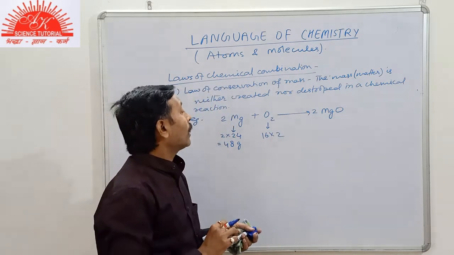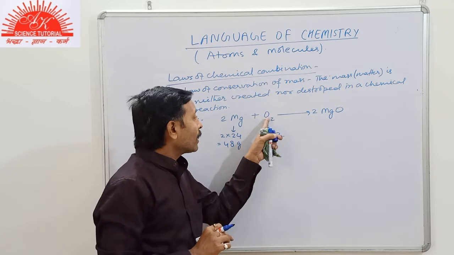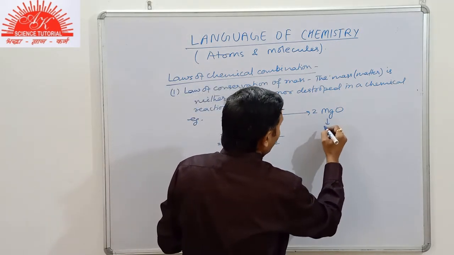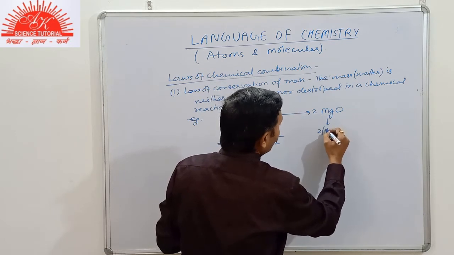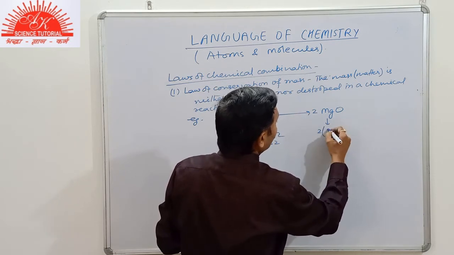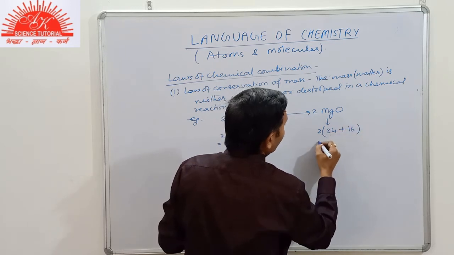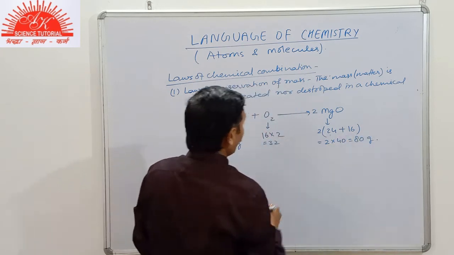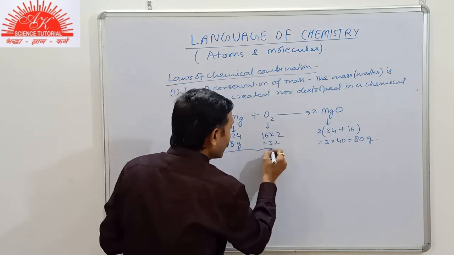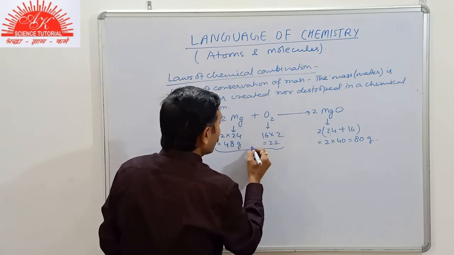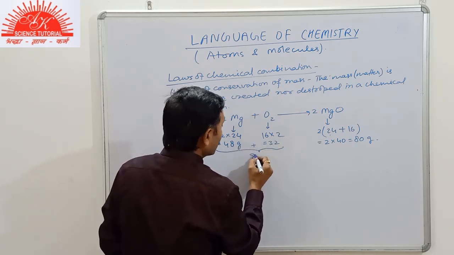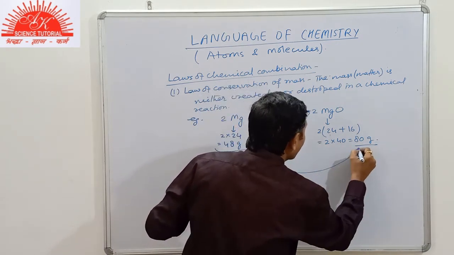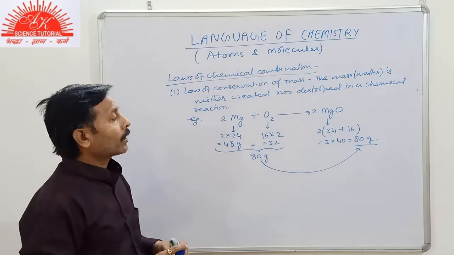The atomic number of oxygen is 8, but its mass number is 16, so it is 32 on this side. On the product side, twice 24 plus 16, that is 2 into 40, hence 80 gram. Overall, 48 plus 32 is 80 gram, and here also there is 80 gram. So the mass of the reactants is equal to the mass of the products.